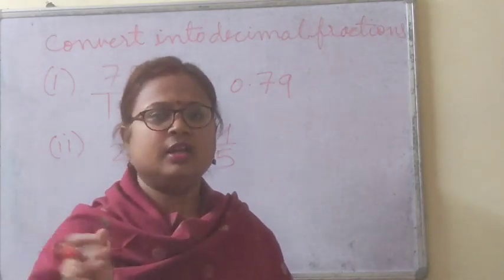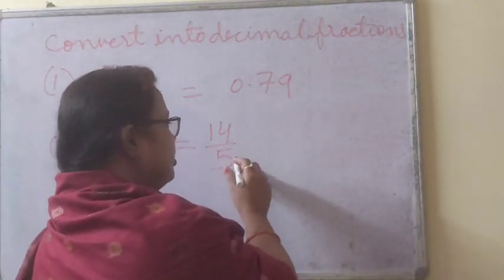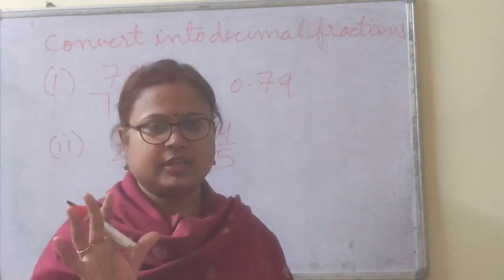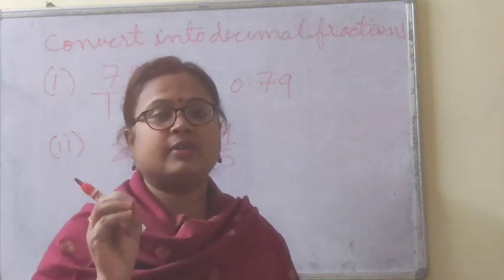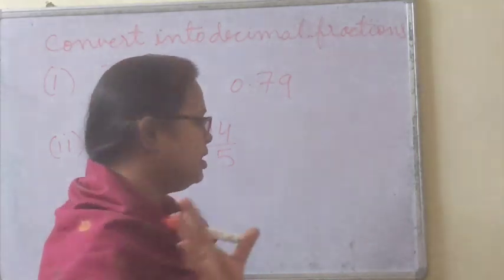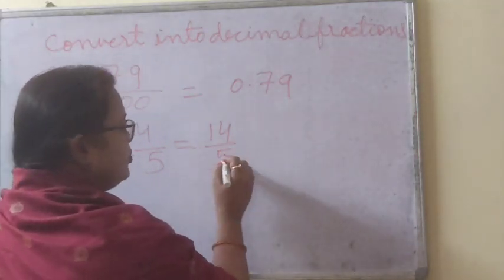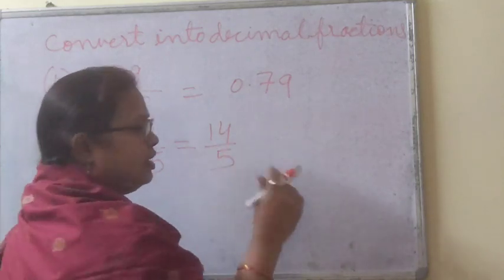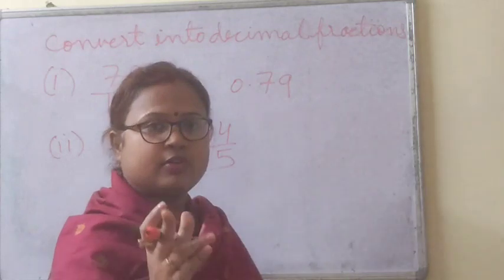Many ways are there. Like first you convert this denominator into 10 or the power of 10. That way also we can do. And by dividing, simply by dividing also we can find the answer. Clear? So both the way I'll explain you. First way, convert this denominator into 10 or the power of 10.